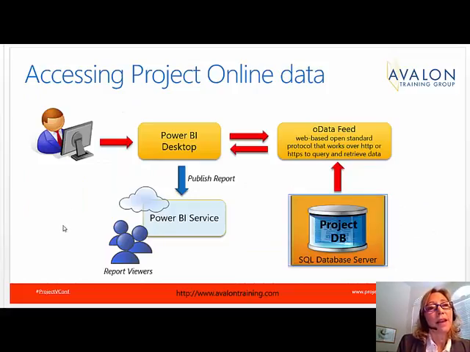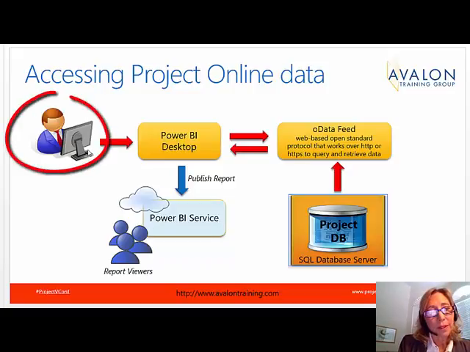Now this session is going to focus on the Power BI desktop authoring tool and how to publish a dashboard created in Power BI to the cloud Power BI service. As a report author, when you launch the Power BI desktop, you will have the option to get data from many different sources.